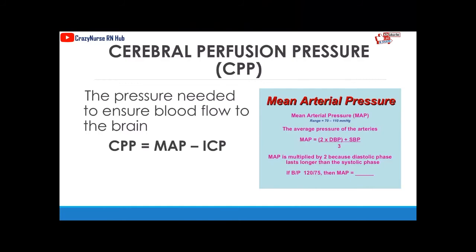As the CPP decreases, autoregulation fails and CBF decreases. The normal CPP is 60 to 100 millimeters of mercury. A CPP less than 50 millimeters of mercury is associated with ischemia and neuronal death. A CPP less than 30 millimeters of mercury results in ischemia and is incompatible with life.